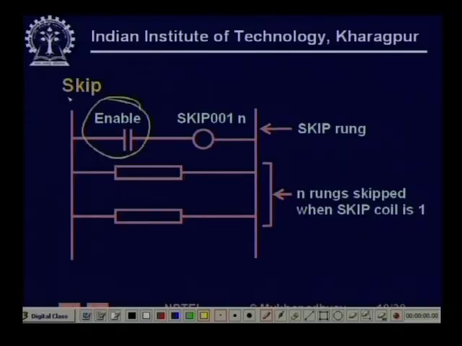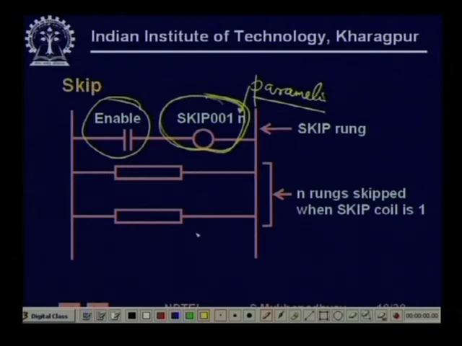So, to give an example, we have a skipping facility, so when this is enabled, then this skip 001 is a very special type of contact. When it is enabled, what it means is that the next n rungs, where n is a parameter, will not be evaluated when this is high.